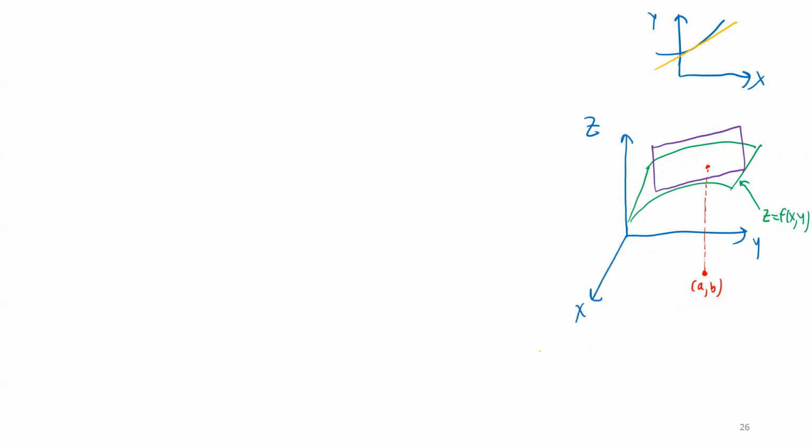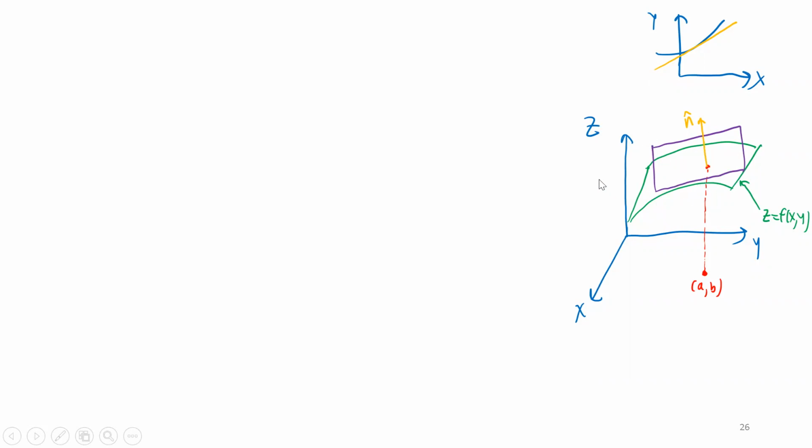I'm just going to use n to represent it. This is a normal vector for this purple plane, and at the same time it's also the normal vector for this green curved surface at this point, because the two are tangential.